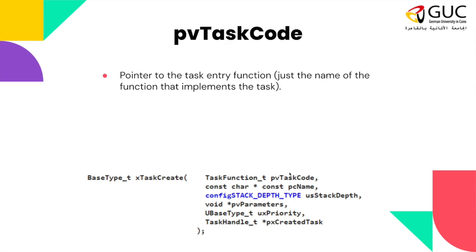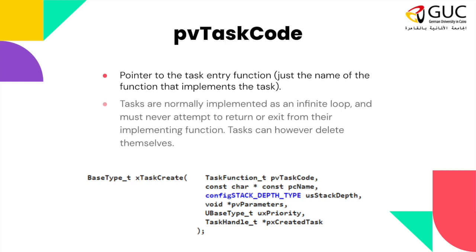So for example, if I created a function or method called addition, then the first parameter will be its name, which is addition, which will notify the scheduler that this addition function is a task. It's not just a helper function or a helper method. No, it's a task and I want to schedule it.